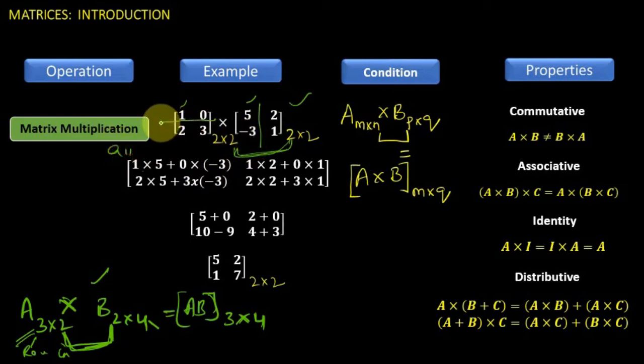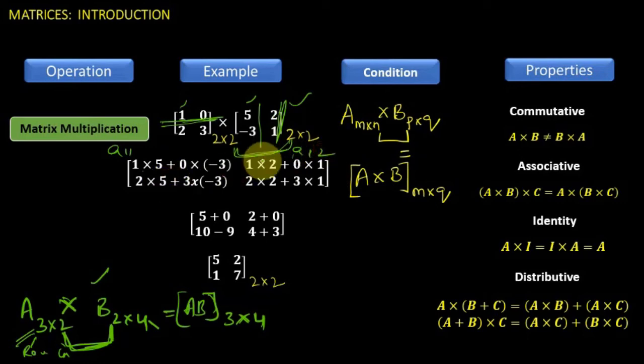Similarly, the first row's elements should be multiplied with the elements of the second column, means 1 into 2 plus 0 into 1. Okay, this will give my A12, right?